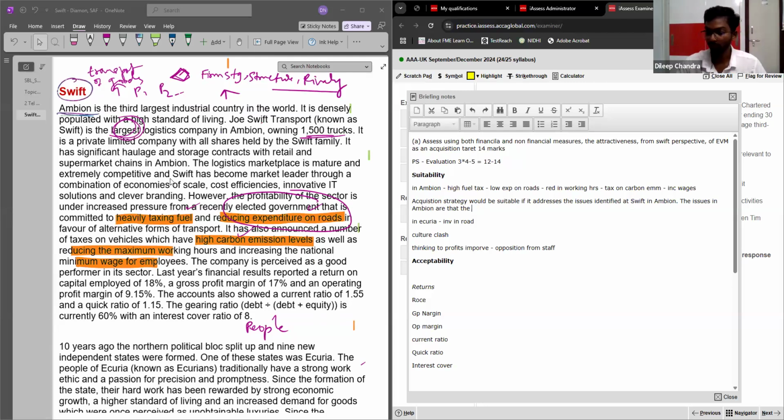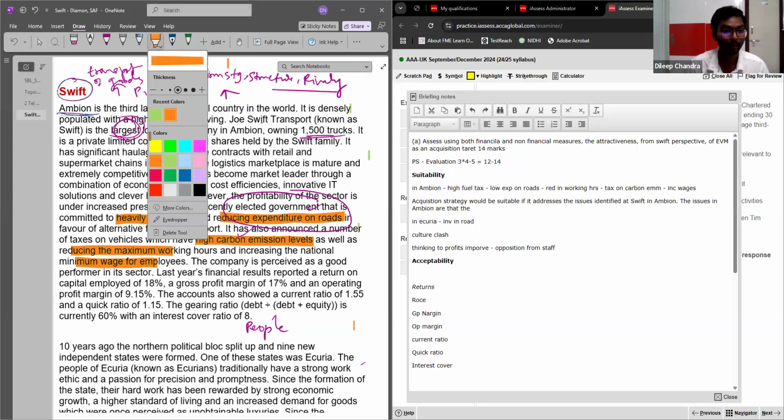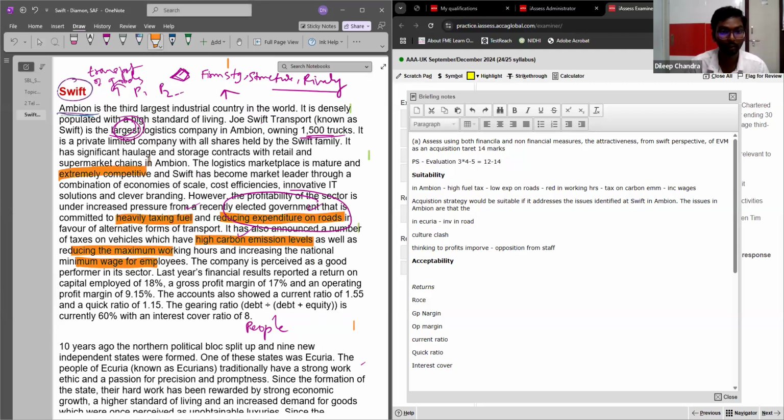We have one more point also to talk about here. Extremely competitive, mature. So there is no other chance for us to increase our number of trucks to get more and more demand. Marketplace is already mature, extremely competitive as well. So maybe I'll try to begin my answer with that.